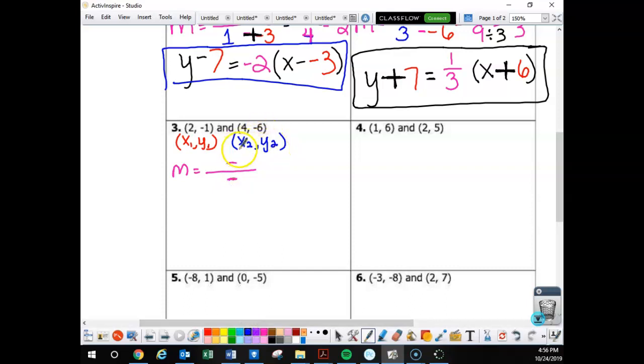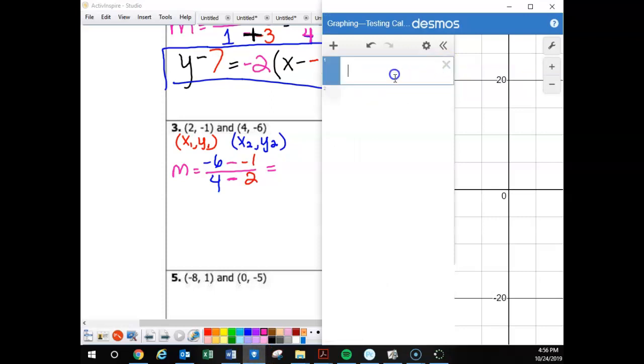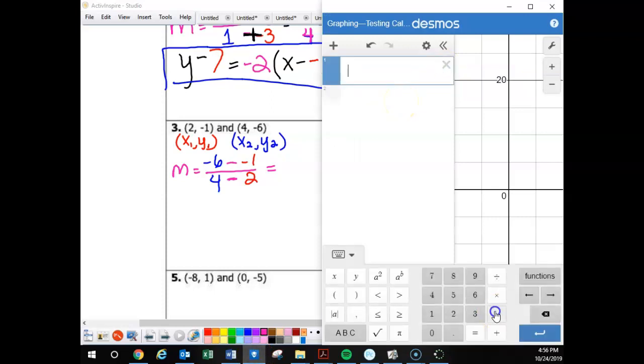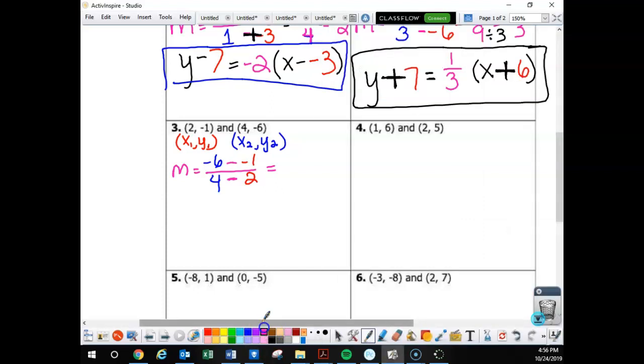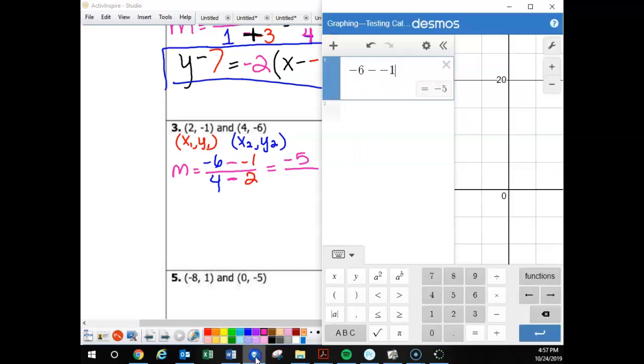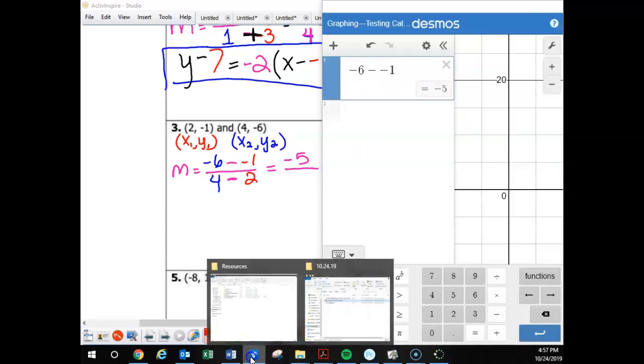So y2 over x2, that's negative 6 over 4, and then y1 over x1, that's negative 1 over 2. So I subtract across: negative 6 minus negative 1 is negative 5, and then 4 minus 2 is 2.